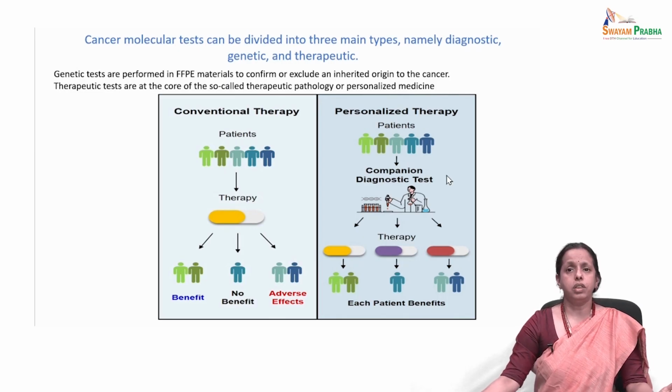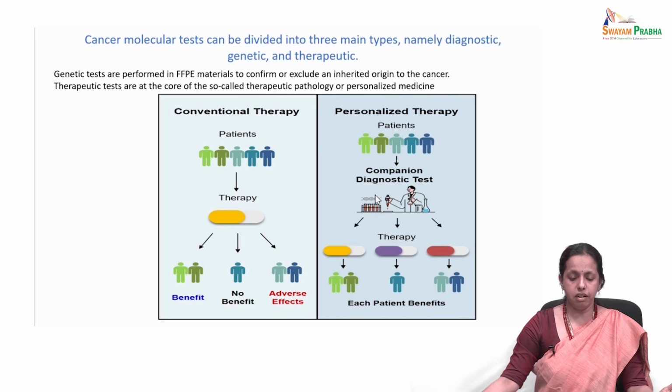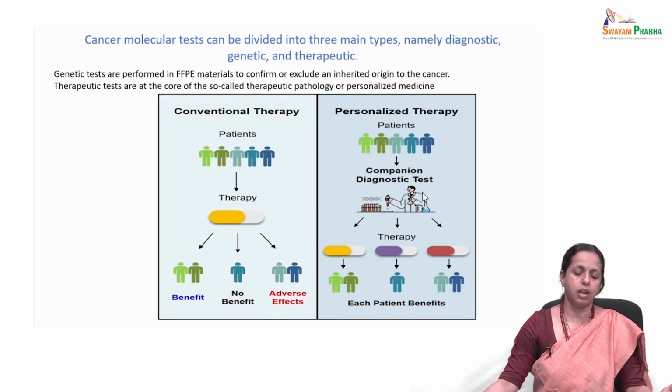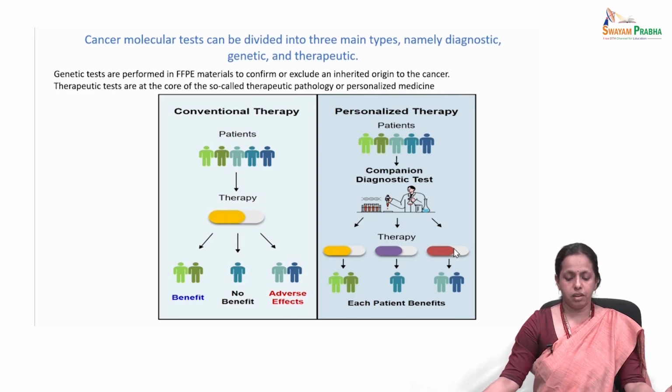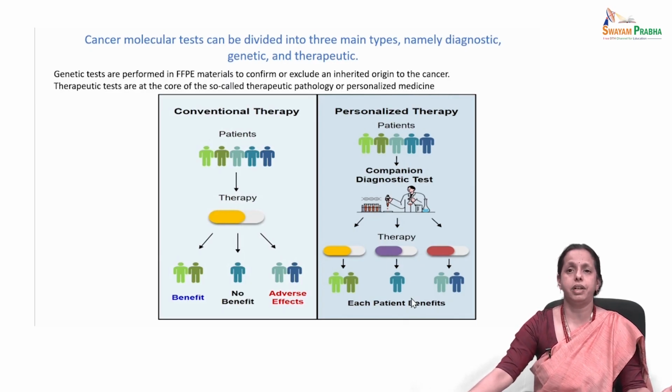If I have this particular mutation, then the therapy changes. If there is no mutation, the therapy is a little bit different. So then you ensure that the patient benefits. For example, TKI inhibitors for EGFR positive mutations in lung cancer patients.